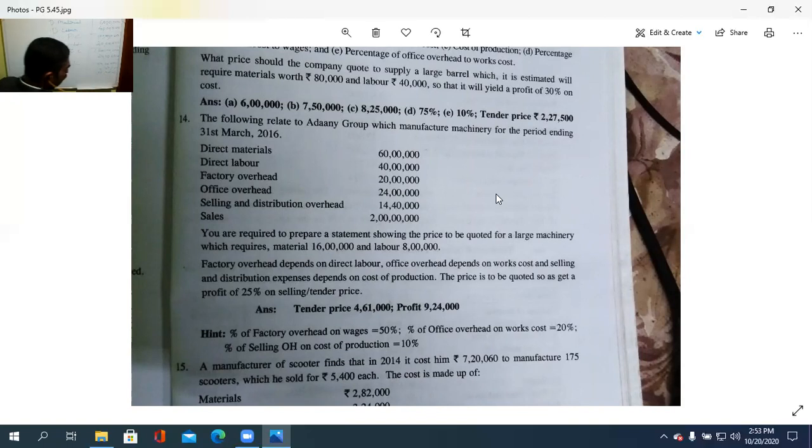So 1 crore 98 lakh 40,000. And then finally, this is the cost of sales or total cost, and sales is 2 crore.